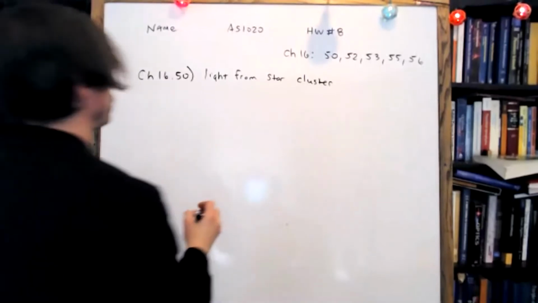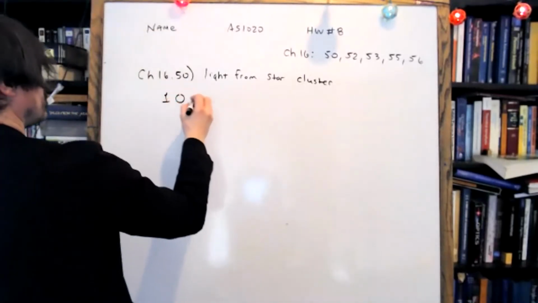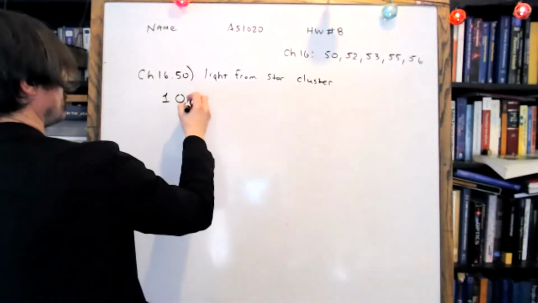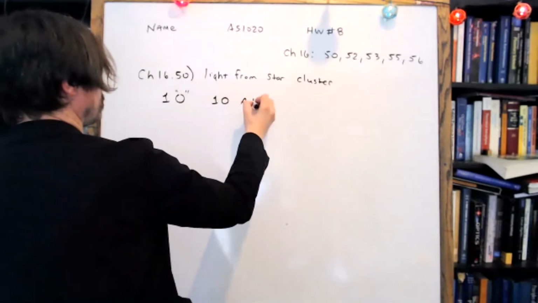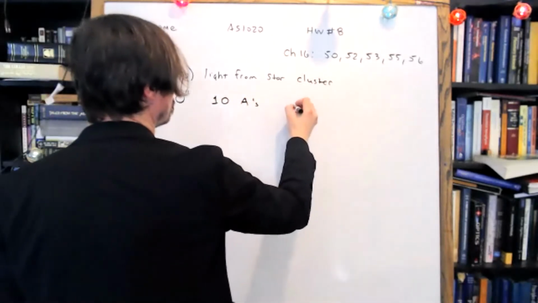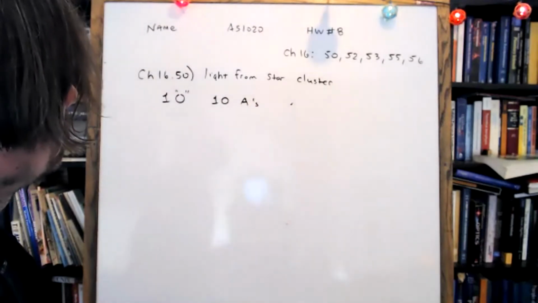Suppose a new star cluster is born with 1 O star, 10 A stars, 100 G stars, and 1000 M stars. Which stellar type dominates the light output from the cluster?